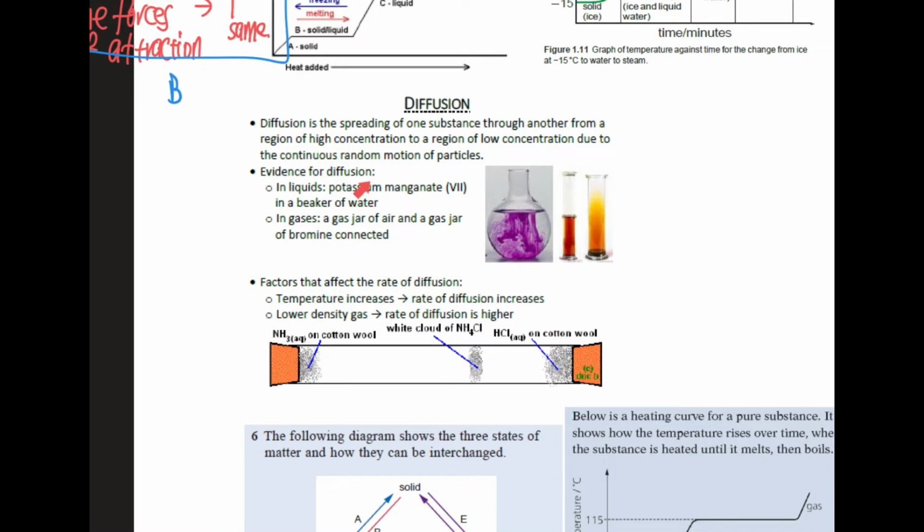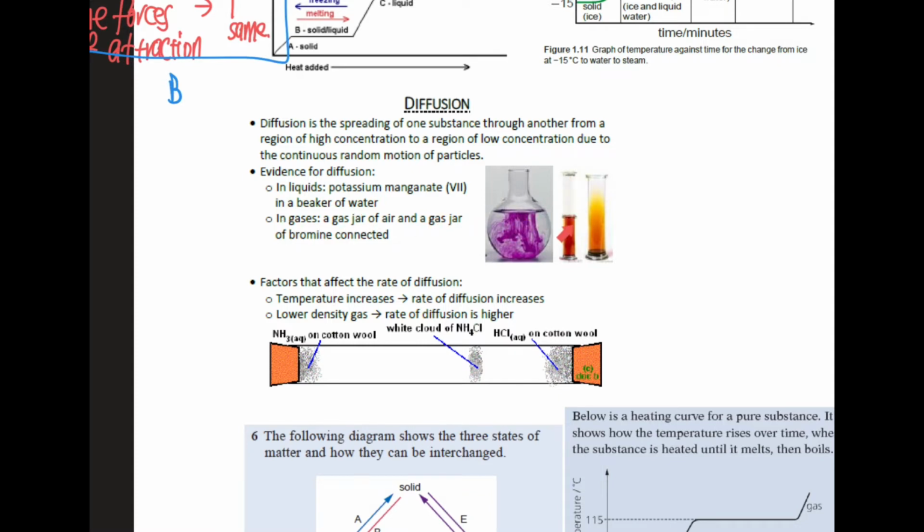Evidence for diffusion: in liquid, potassium manganate(VII) in a beaker of water. You put one drop of potassium manganate(VII) at the bottom of the water, maybe using a dropper or a pipette, and then you just wait. The potassium manganate(VII) will move up, and you can see diffusion happens.